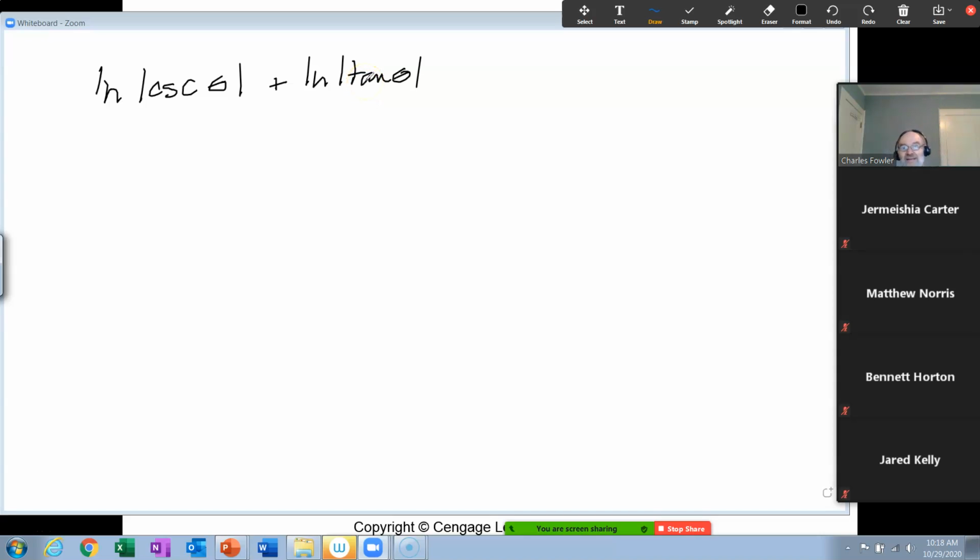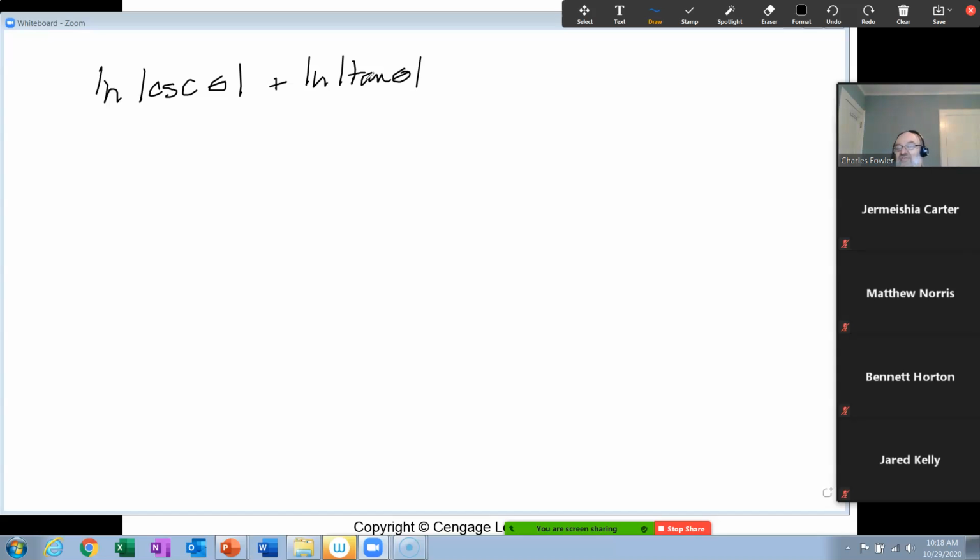Now, before we do anything there, let's just pause for a moment here. Why do we need the absolute value bars? Because you cannot take the log of a negative number. So therefore we have to have the absolute value of cosecant and the absolute value of tangent. Now, we got a little bit more of a problem here.